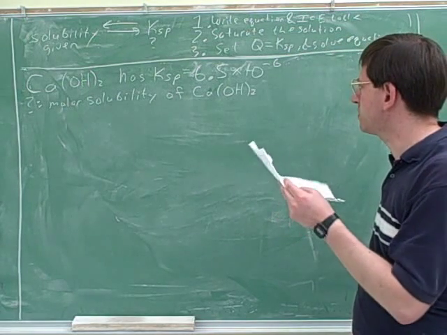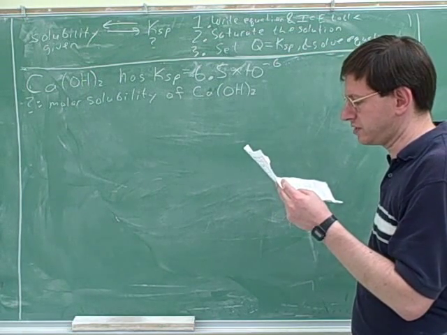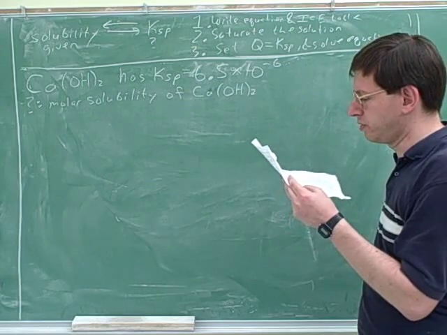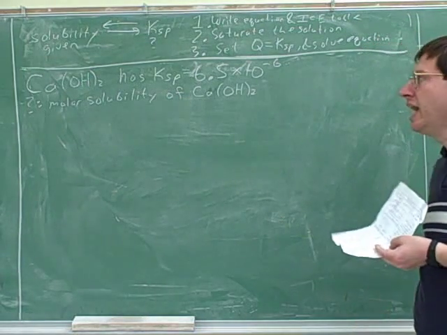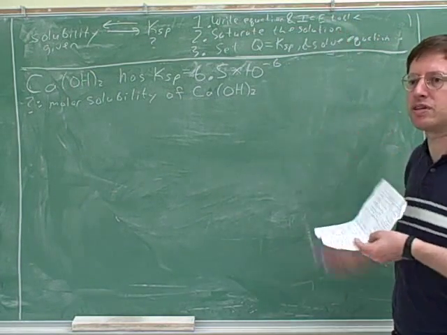Calcium hydroxide has a KSP of 6.5 times 10 to the negative 6. The question is to find the molar solubility of calcium hydroxide. And remember that we can still use the same three-step method.